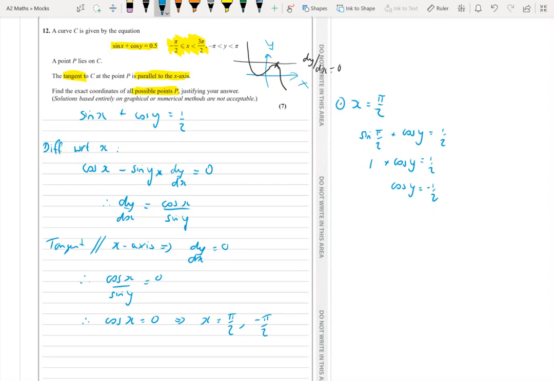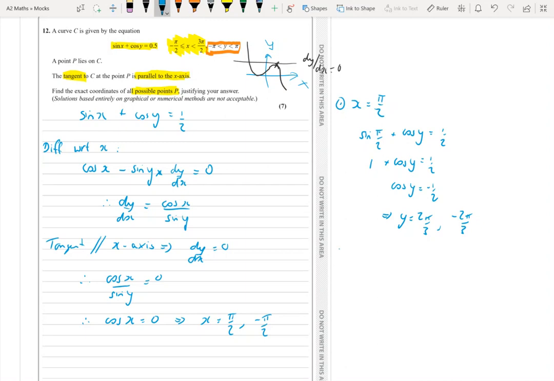And there are 2 angles that make that true. We've got 2 pi over 3 is the principal value. Negative 2 pi over 3 is its partner. And again, if we come back to the question, we've got this restricted domain for y values as well. We're only looking between minus pi and pi. So those are the only values that we have.